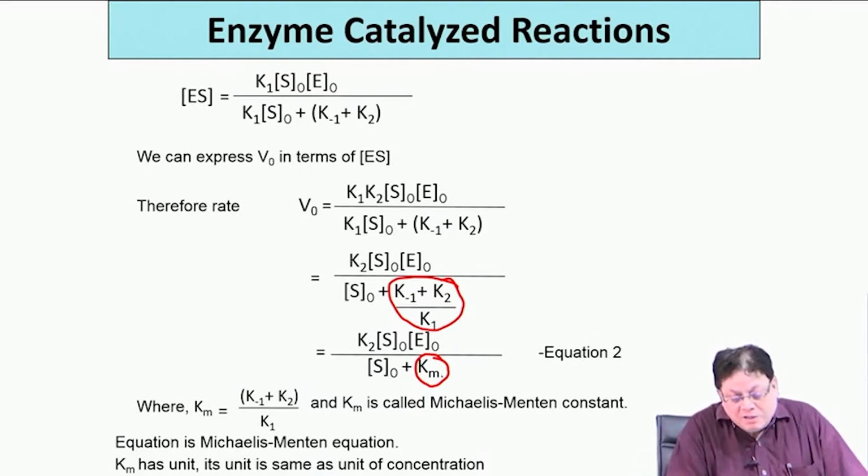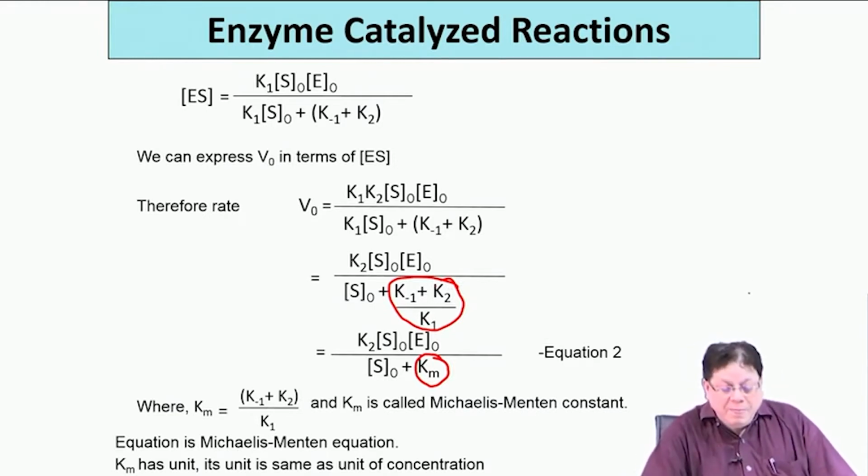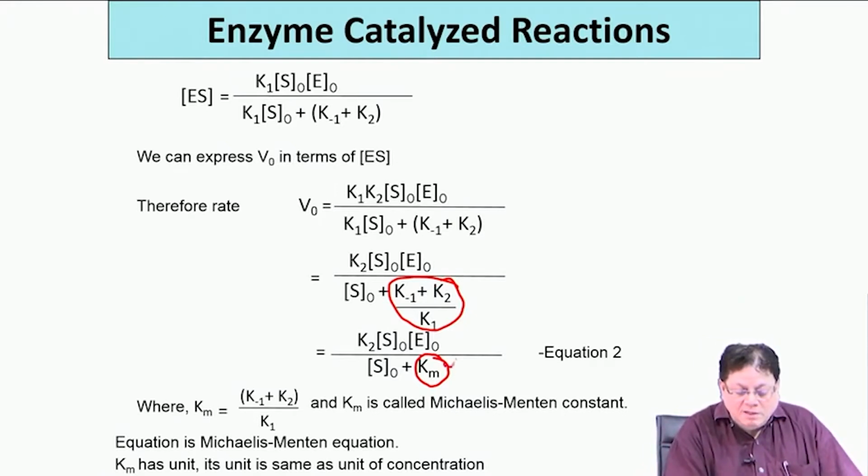Km contains k minus 1, the dissociation of the enzyme-substrate complex, while k1 is the rate of association of enzyme and substrate, and k2 is the rate of turnover of the ES complex into product.